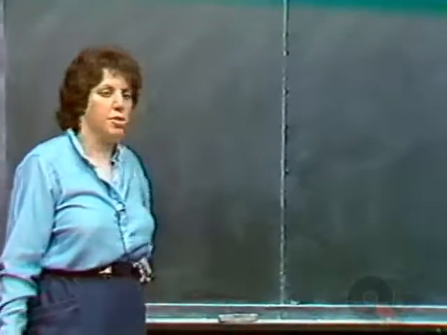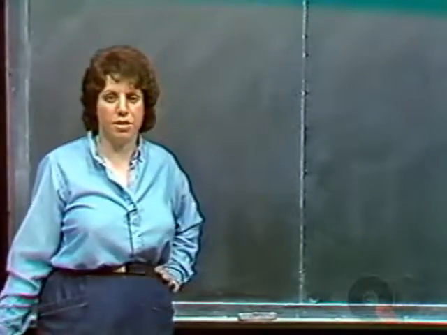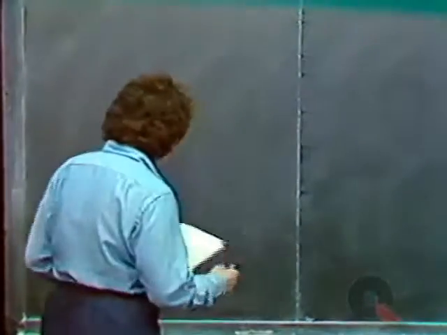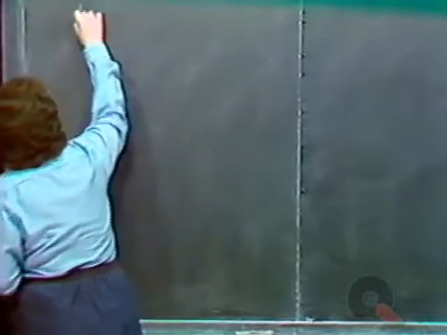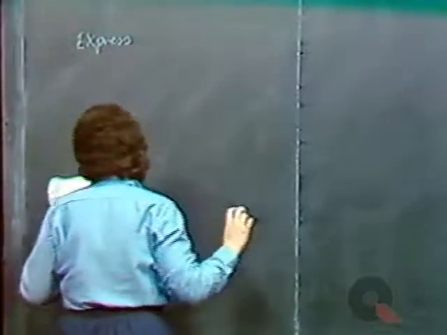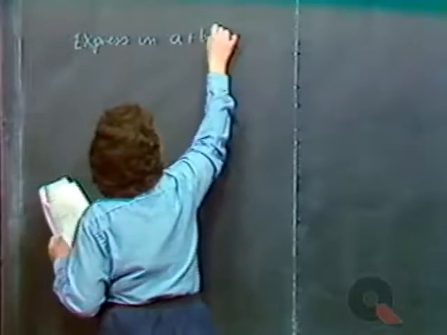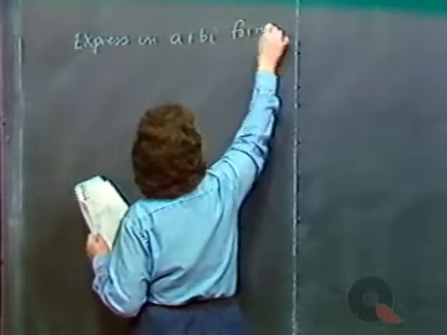Now, in the book, we learned that the real number system is not really enough for us, and we've also learned that there's such a thing as complex numbers. And in the following problems, I want you to express your answers in a plus bi form.